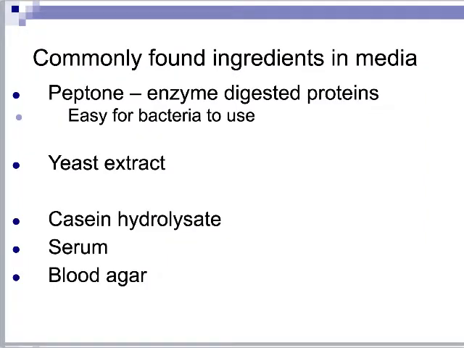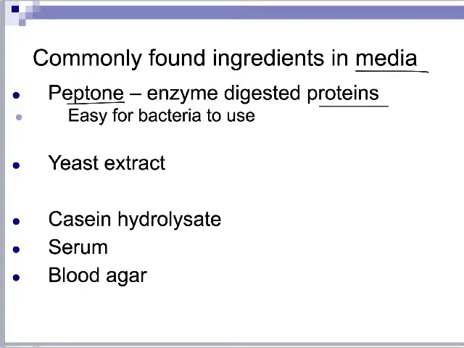Okay, things that are commonly found in media are peptone. Peptone is proteins that have been digested with enzymes. Bacteria don't have a digestive tract, right? So they can't break down complex molecules inside. A lot of times we feed them things that are easy for them to absorb and easy to use.